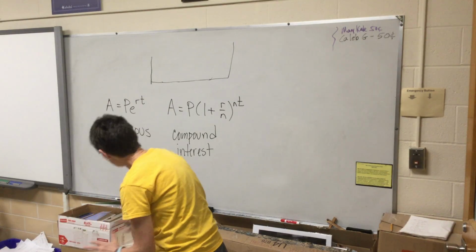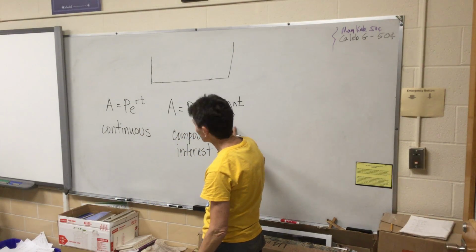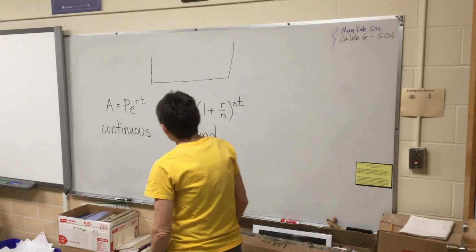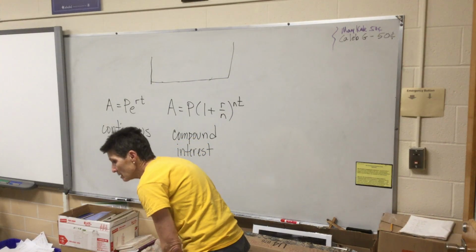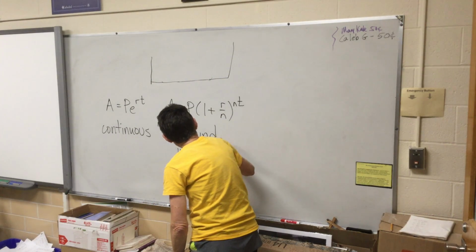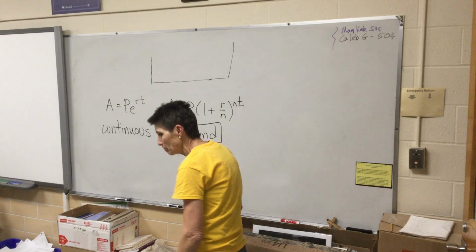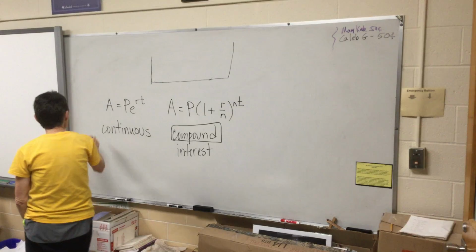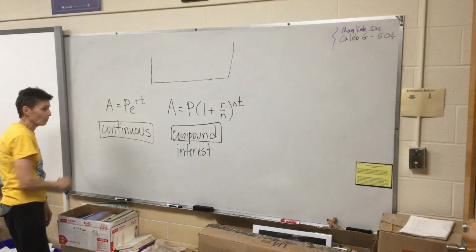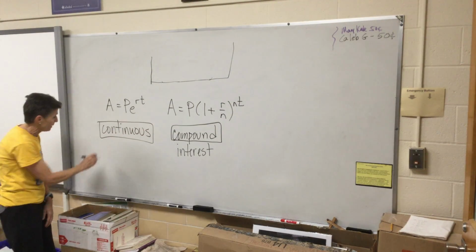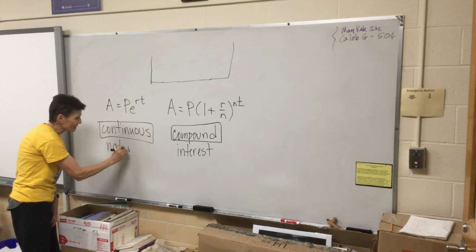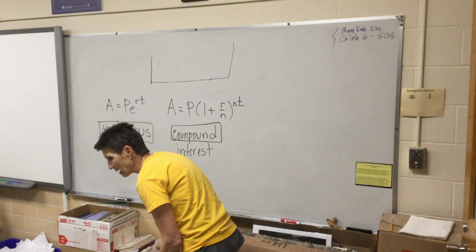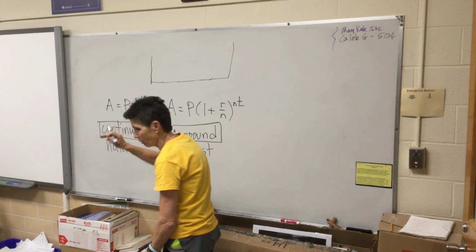Daily, weekly, your interest is compounded. So this is the formula you use for most of your bank accounts. So when I read my problem, if the word compounded is in the problem, then I'm using this formula. If the word continuous is in the problem, I'm using this formula. Or if there is any kind of natural nature type situation, it's this formula.